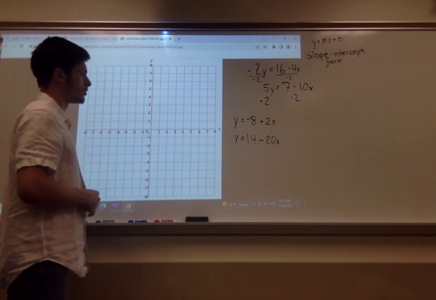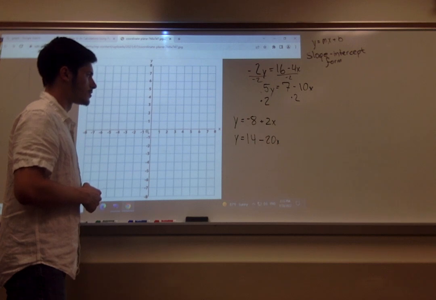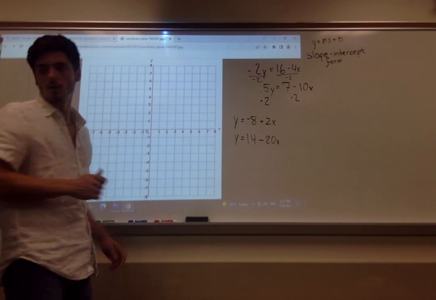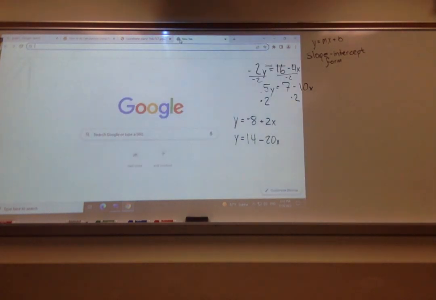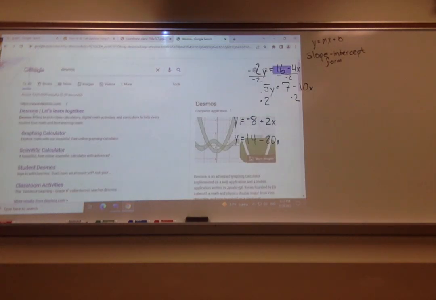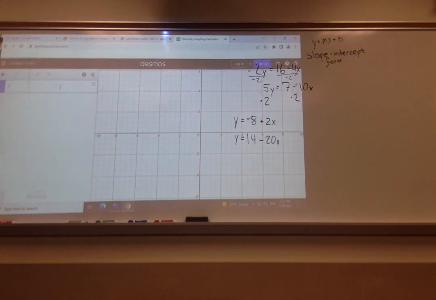But what we can do is go ahead and go to Desmos and graph these on there. So we can plug in our equations. y equals negative 8 plus 2x.